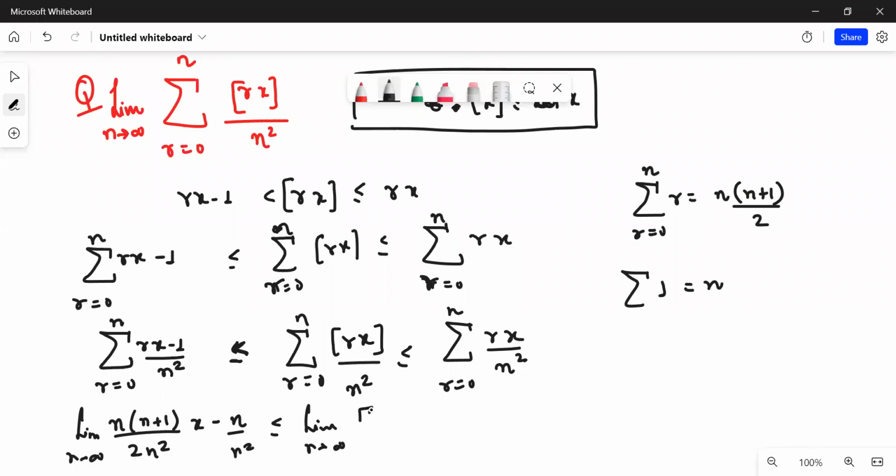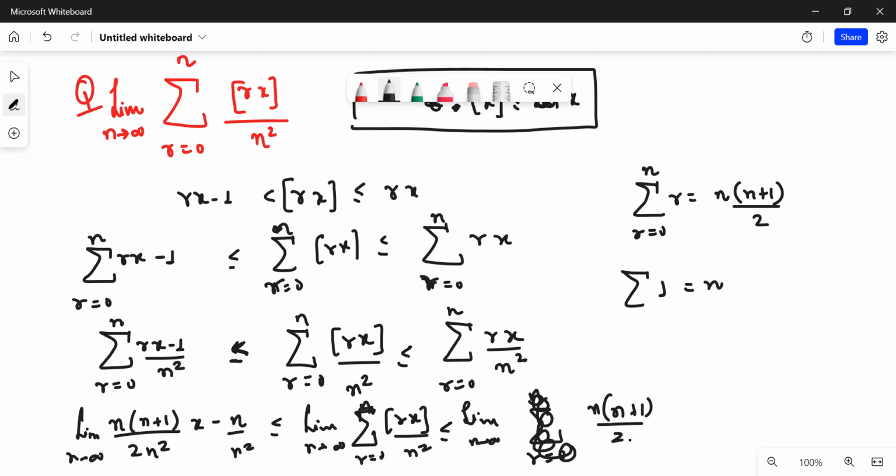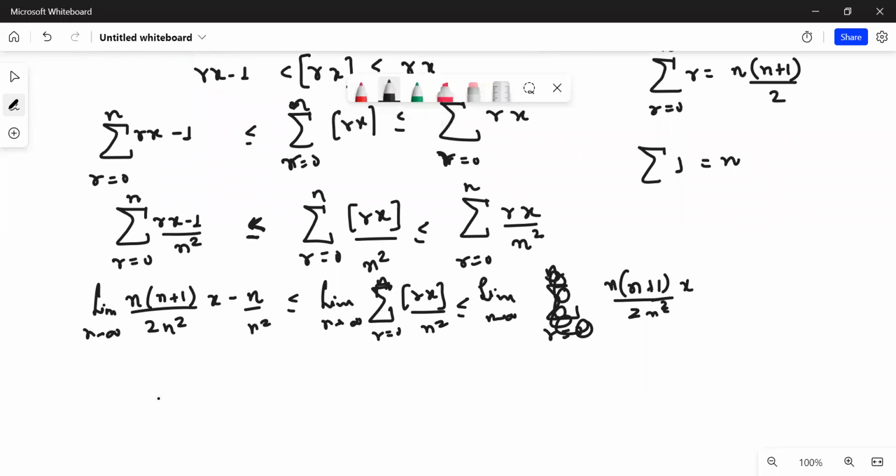This will give you the sum r equal to 0 to n of the greatest integer rx divided by n square, and then this limit n tends to infinity, and then I'll write n into n plus 1 by 2, and then I have n square, and then I have x. Is that clear? Okay, good enough.